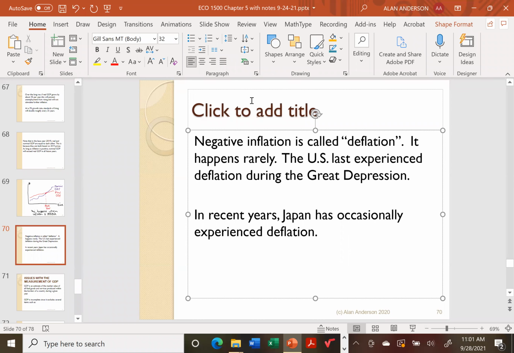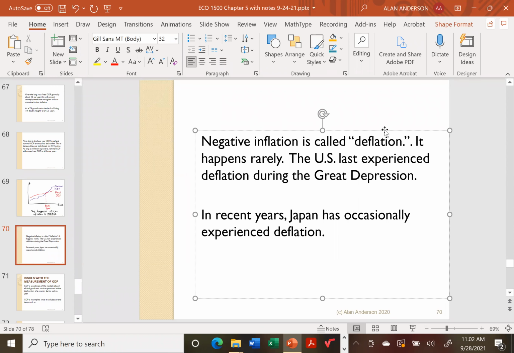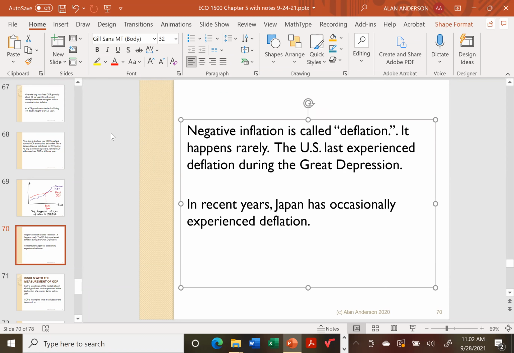Yes, Fernando. So just to ask, if that's the case, would that mean like for Japan, they have like a positive inflation? Like it's not like passing more than like their standard of the inflation level? Well, their inflation is so close to zero that you're right on the edge.